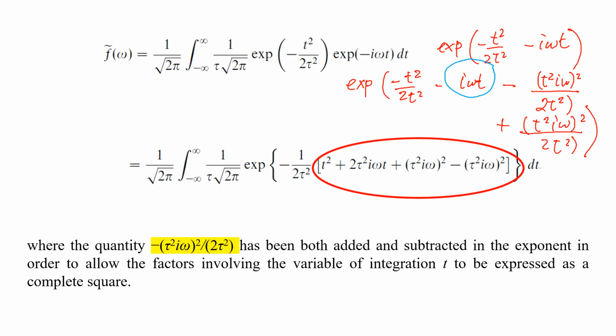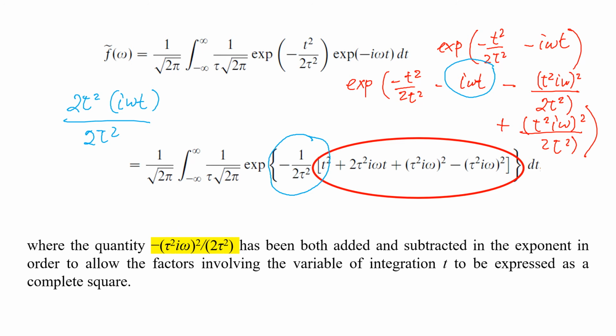So you have your t tau squared I omega t over 2 tau squared, so that all the terms in the exponential expression will have a fraction which is over 2 tau squared. And if you have that one, you can take out your negative 1 over 2 tau squared, which is what we actually did here.